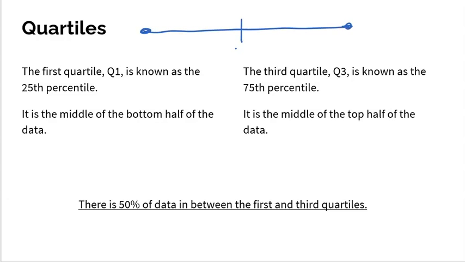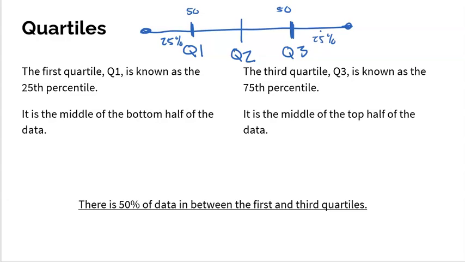The median is the second quartile. The median has 50% below, 50% above. 50, 50. The middle of the bottom is Q1, the first quartile with 25% below it, 75 above. The third quartile is the middle of the upper half of your data, that's Q3, that has, again, 75% below it, 25% above.